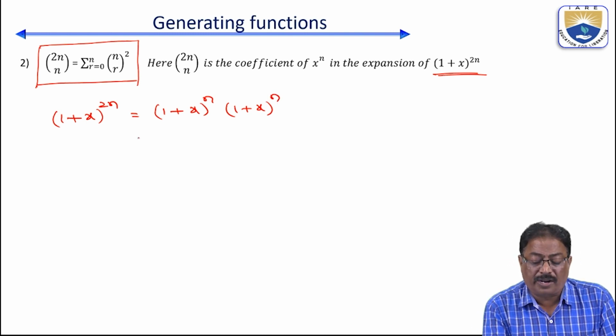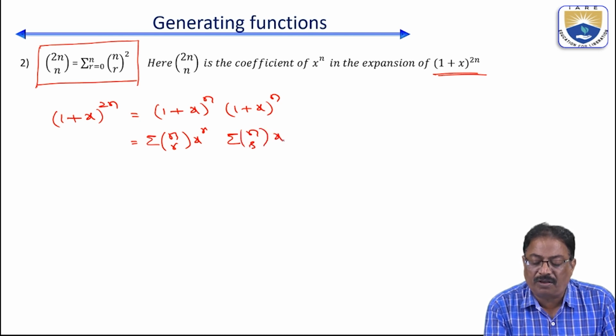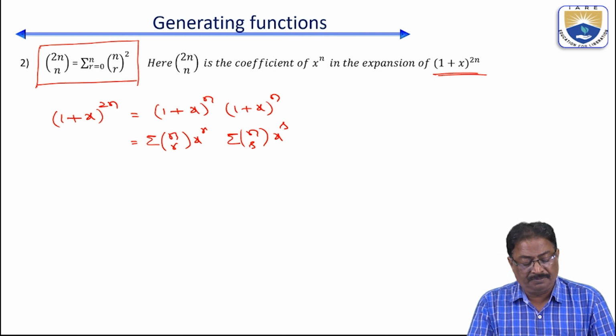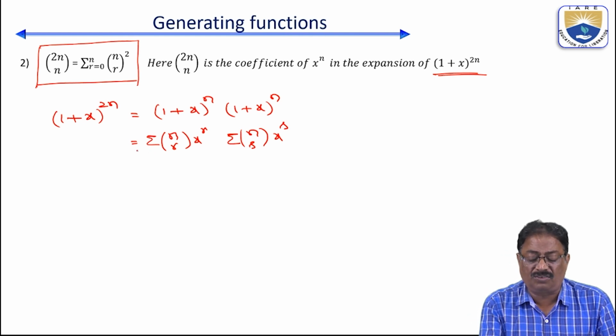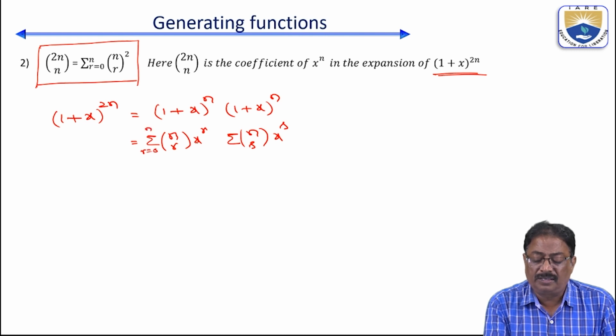Then by using the binomial theorem, this is nCr x power r, and the other is nCs x to the power of s, where r is 0 to n and s is 0 to n.